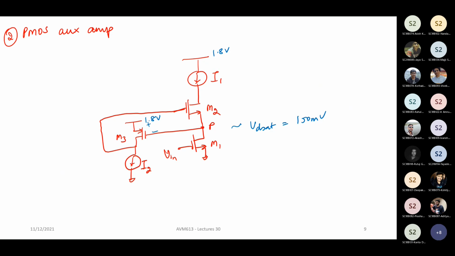The source to gate voltage. Come on, guys. Source is at 1.8. The node P is at 0.15. So the VSG is going to be 1.65 volt, right?